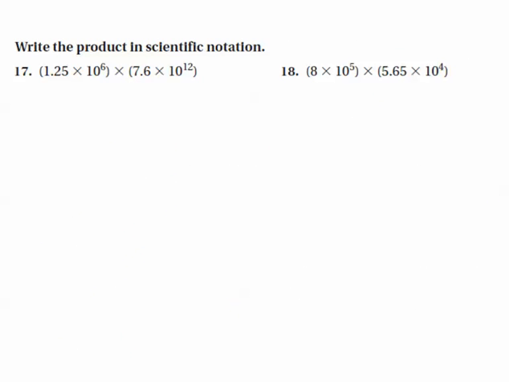Let's do a couple more examples together. Again, we're going to regroup, so we put the coefficients together. So we have 1.25 times 7.6 times our powers of 10.